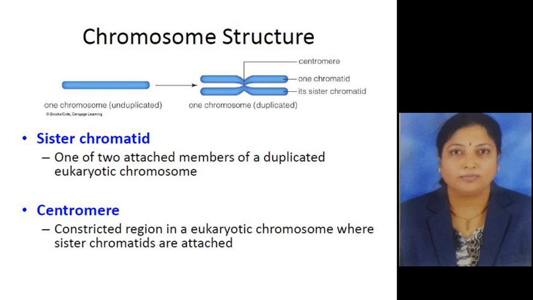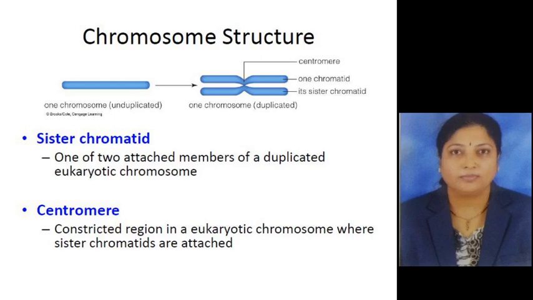Sister chromatid means one half of the duplicated chromosome, the two identical copies of the same chromosome formed by DNA replication. The pair of sister chromatids is also called a dyad, and it is made of the protein called histone. So what is the function of sister chromatids? That is to pass on a complete set of chromosomes to all the daughter cells formed as the result of cell division.